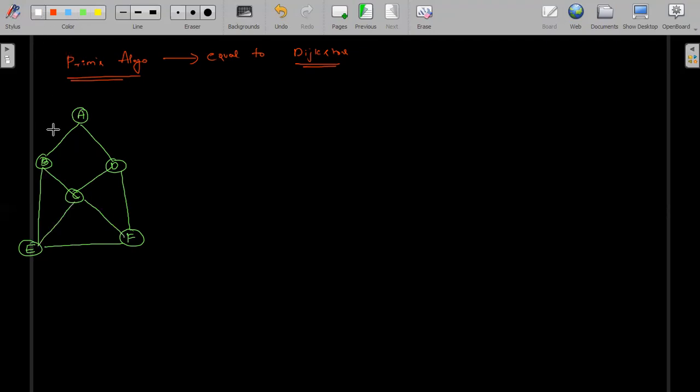So this is 7. This is 6. Here also you connect. That is 2. Again 6. Here also 6. Again 3, 5, 8. Again here 4. Again here 9.